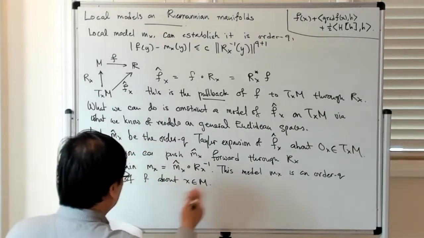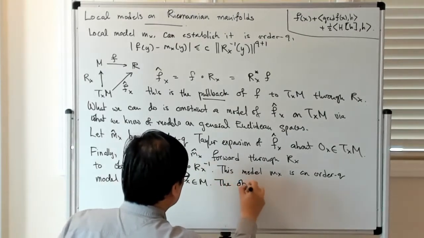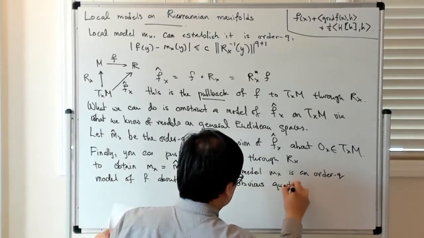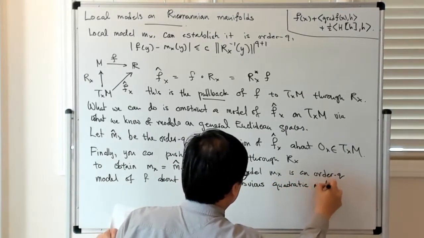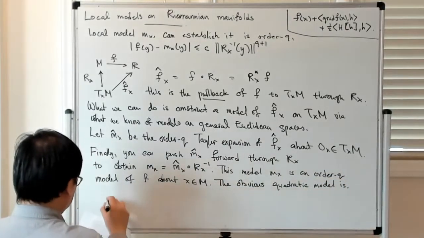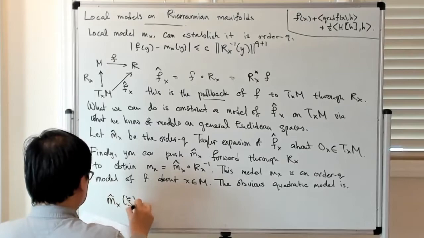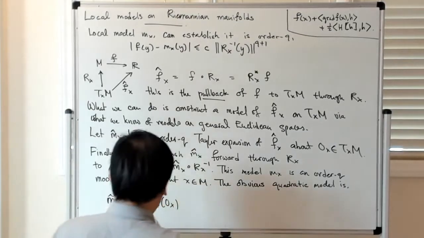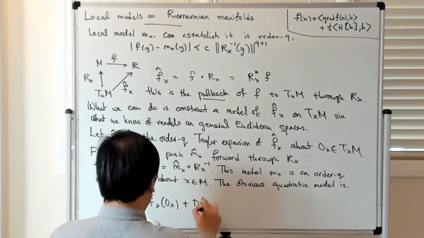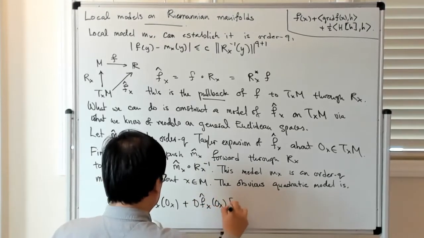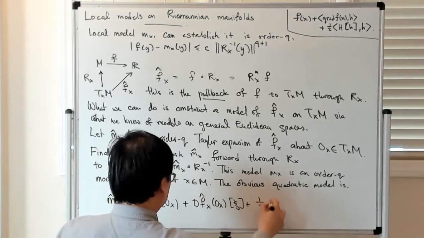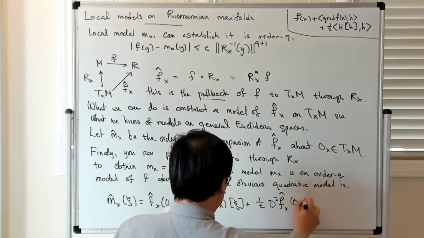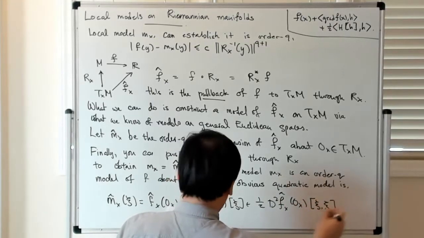Then the obvious quadratic model is the following: m_x hat of some vector h is equal to f hat of x at 0_x, plus d f hat x at 0_x in this direction h, plus 1/2 d squared f hat x at 0_x.